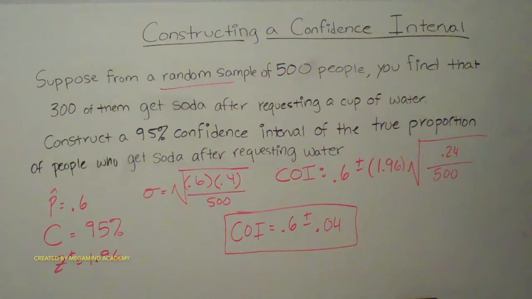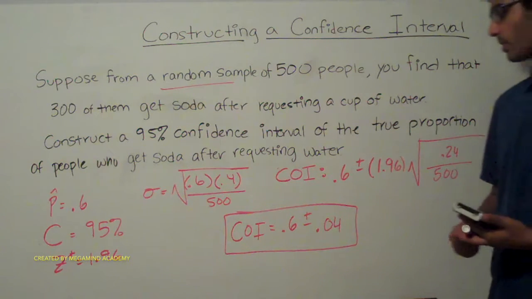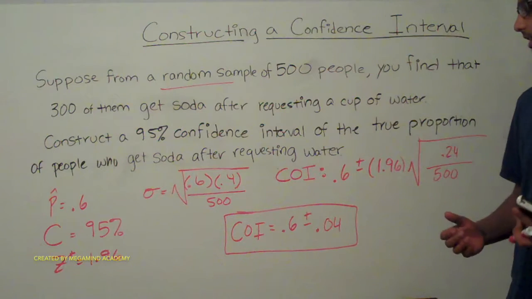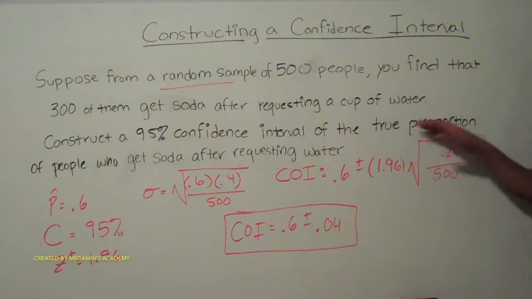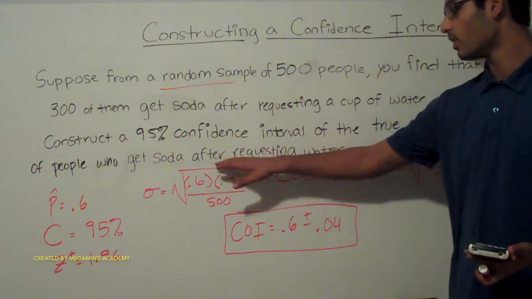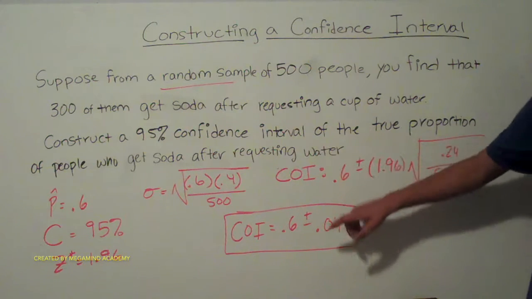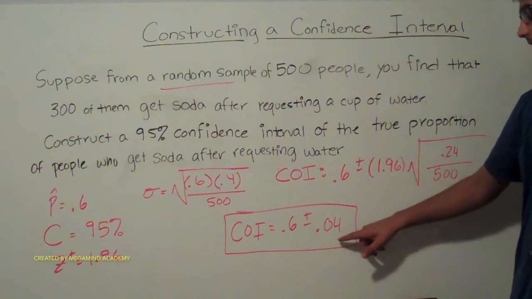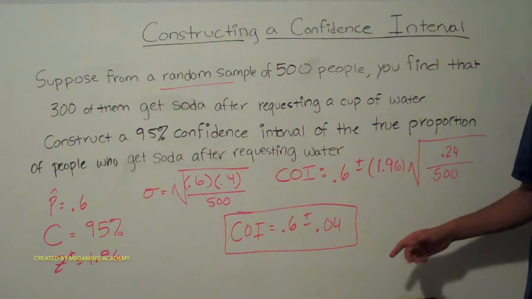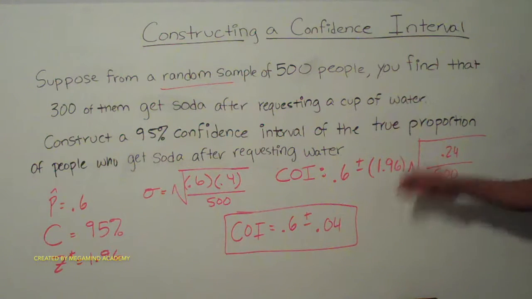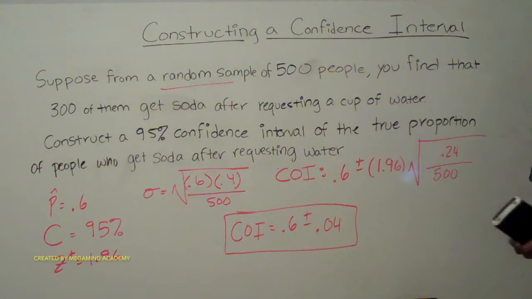Now let's put this in context. In context, we would say we are 95% confident that the true proportion of people who get soda after requesting water is 0.6 plus or minus 0.04. That's how you would express this in context, or provide a proper answer.